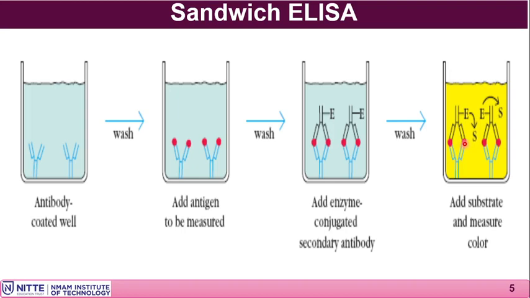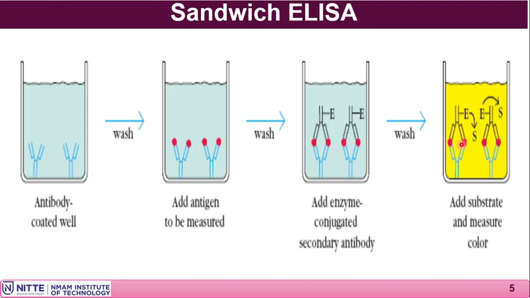So this is how one can detect the antibody in a patient's serum against a particular antigen. Since the antigen is sandwiched between two antibody molecules at the Fab site, this assay is called sandwich ELISA.